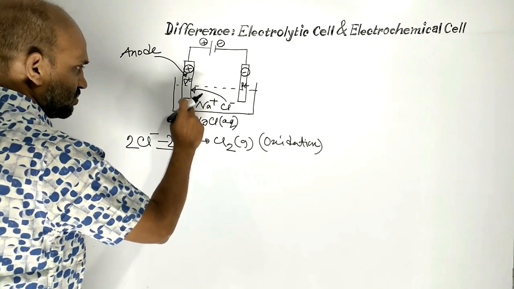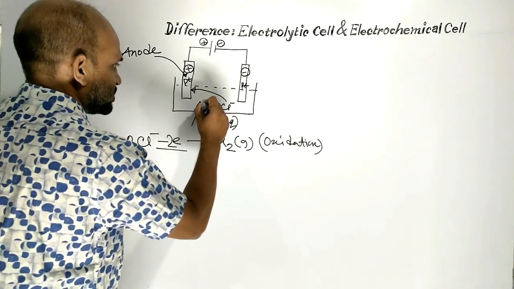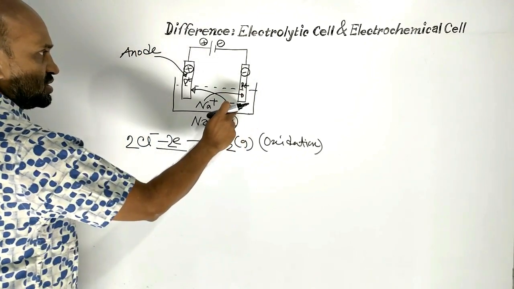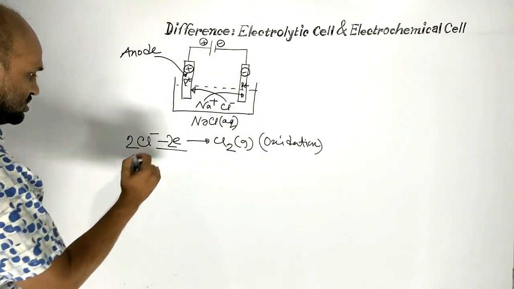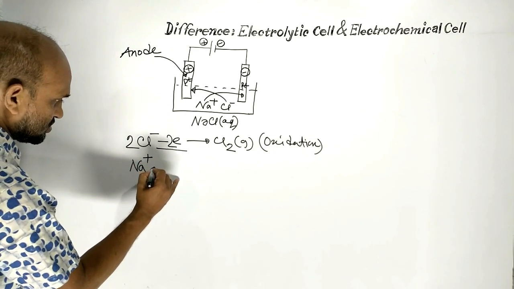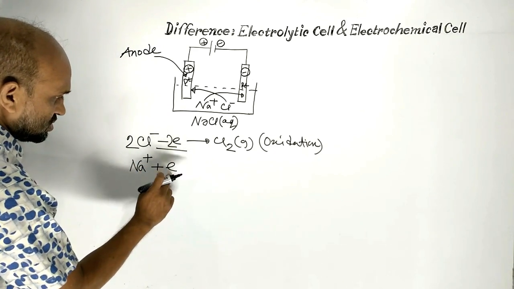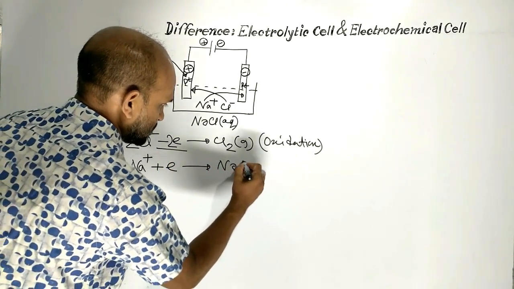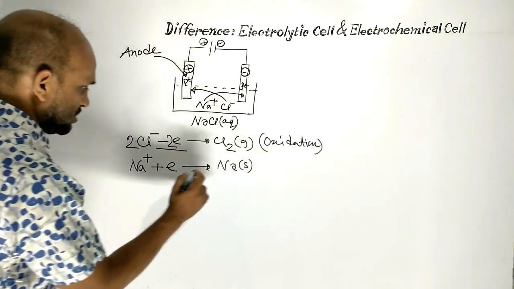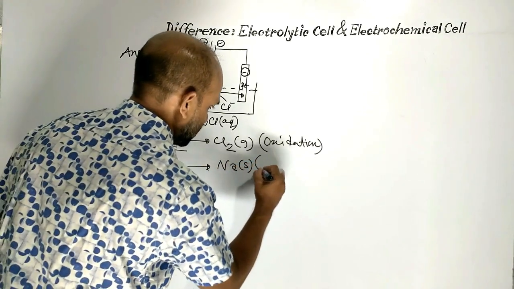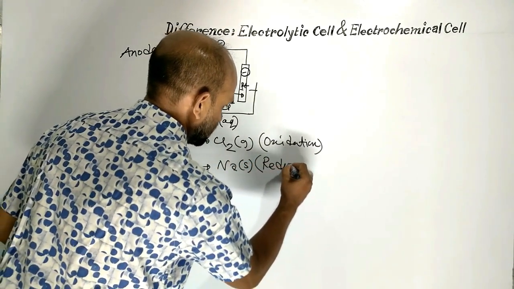Then positive ions will move to the negatively charged bar and there this reaction occurs, receiving electrons to form sodium metal. Addition of electrons, which is called reduction.